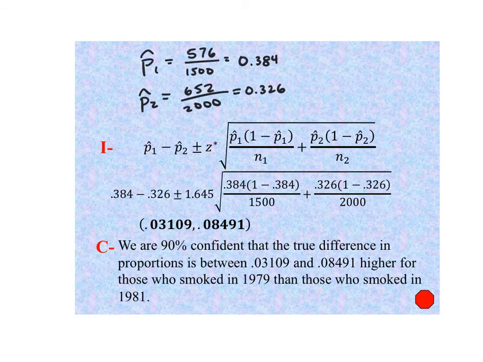And again, why do we say higher? It was higher for those who smoked in 1979, which in this case was 0.384. That was our P1. Than those who smoked in 1981.